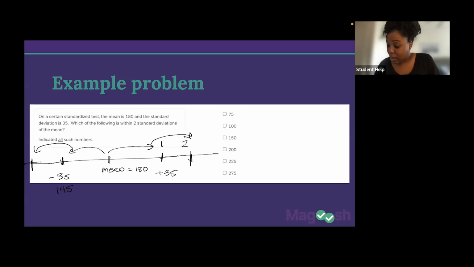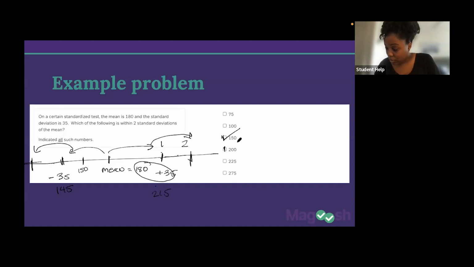So immediately I know that within this, 150 is somewhere in here. So to someone's point, good, Sean, good. 150 works, yes? All right, to the right, I have 180 plus 35, that's just one standard deviation. So that gives me, doing it in my head, 215.